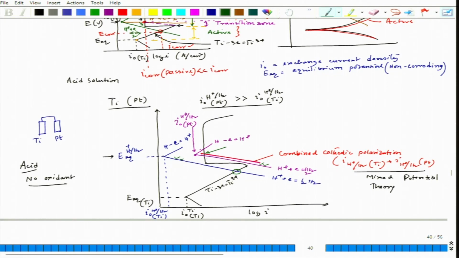Now, the current density corresponding to the corrosion rate for the new situation, which is titanium galvanically coupled with platinum, I can put as I_corr with platinum, which is the combination of platinum, and this particular current density, which is I_corr with only titanium. So, here platinum means basically it is a couple.